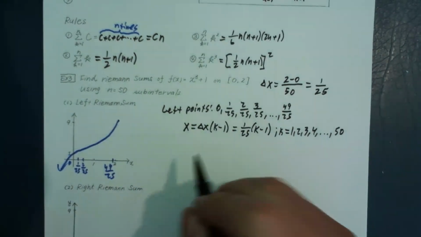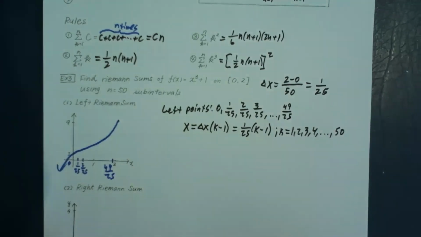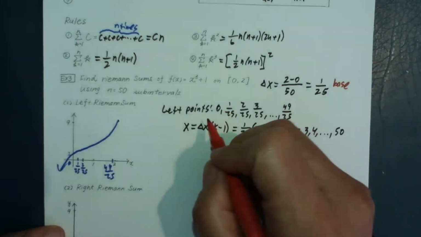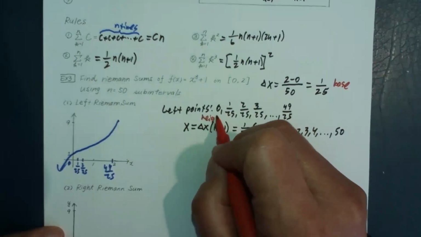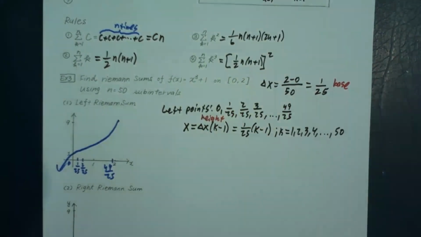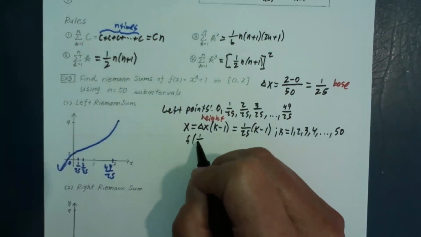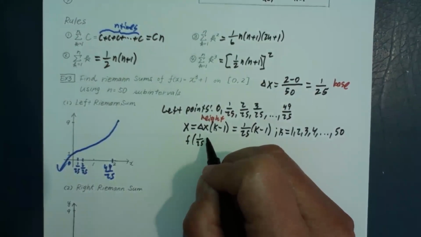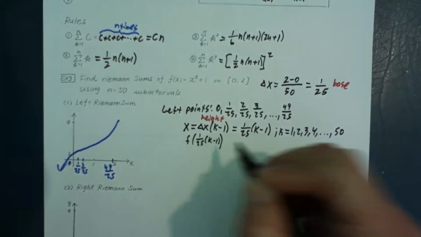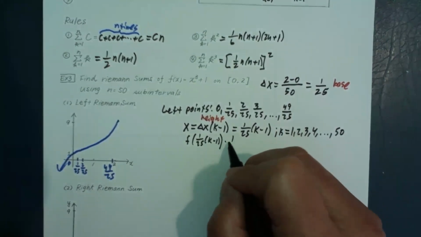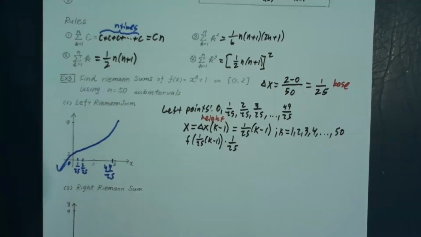So we are going to have our base times our height. And just to be clear, this is our base, and this is our height. So each one is going to be f of 1 over 25 times k minus 1, times delta x, which is 1 over 25 in this case, again as k goes from 1 to 50.